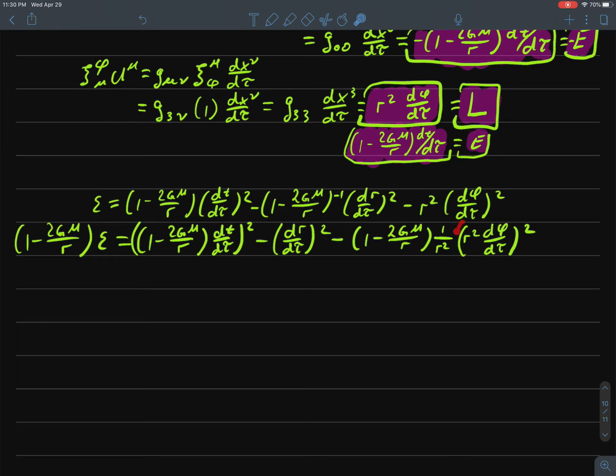And what I have here is L squared, and that's a constant too. So that's very nice. So let's keep writing this down with these simplifications.